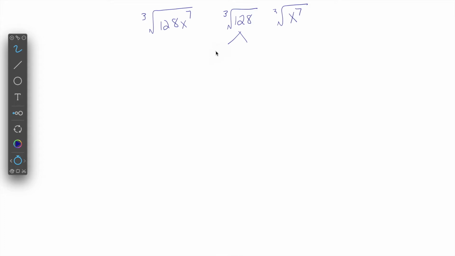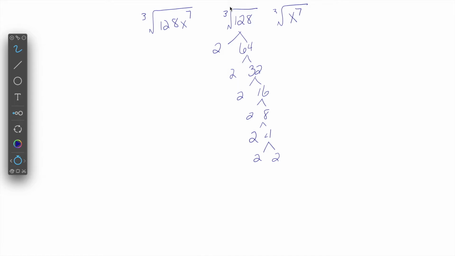In this case, the smallest prime number that I'm going to work with for the 128 will be a 2. I'll get 2 and a 64. You then have 2 and a 32, 2 and a 16, 2 and 8, and then finally we have the 2, 4 with the 2 and the 2. Now the difference is, normally with the square root, I say you always pair them up.